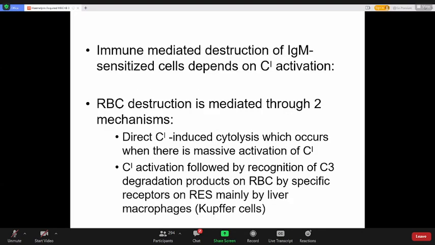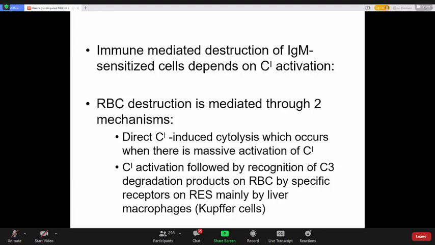In complement-mediated destruction, remember there's complement 1 activation, usually by IgM, and the red cell is destroyed through two mechanisms. You get direct complement-induced cytolysis through massive activation of complement 1.